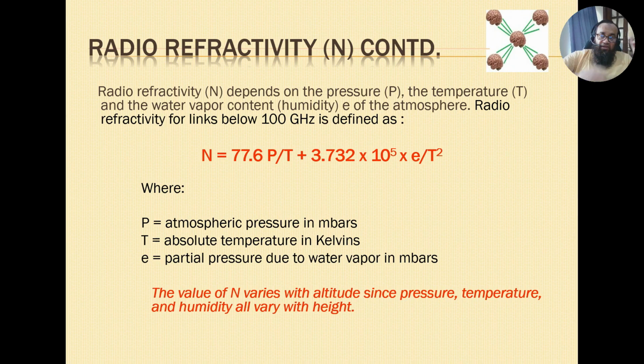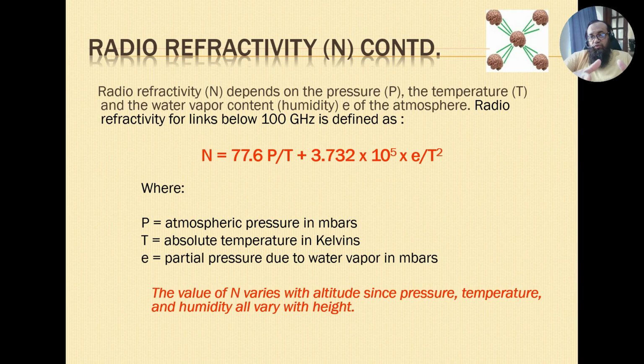So the total value of N also changes a lot with height, and it is different on the ground and different at height. And also for some areas, as we discussed, for example the coastal areas, it can be different in days and nights as well.